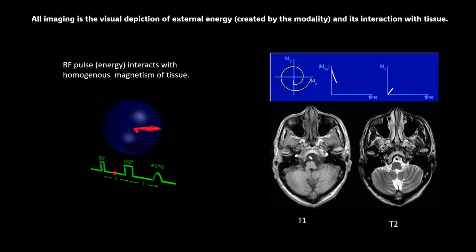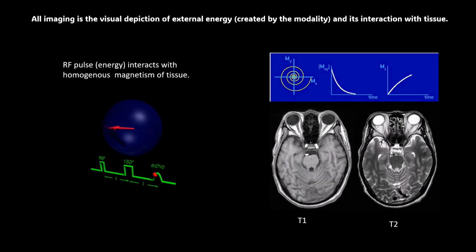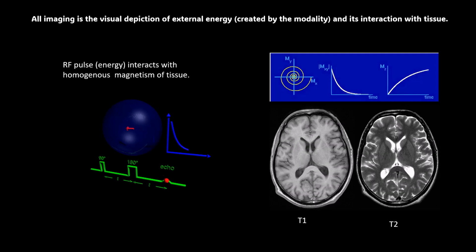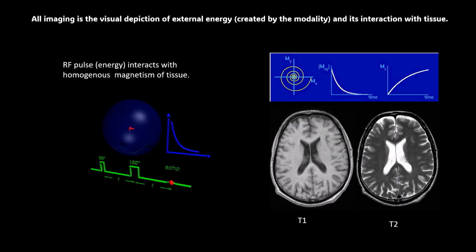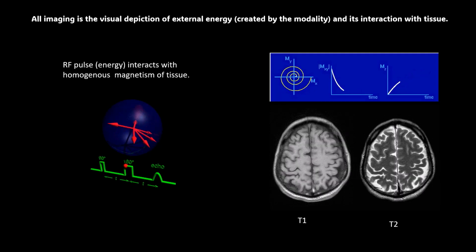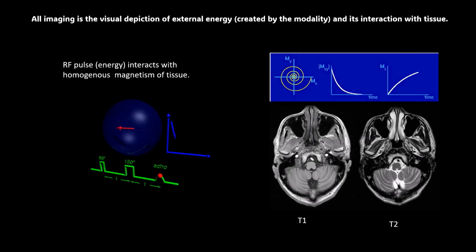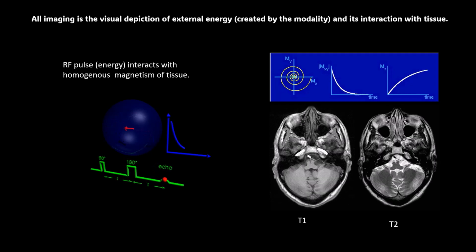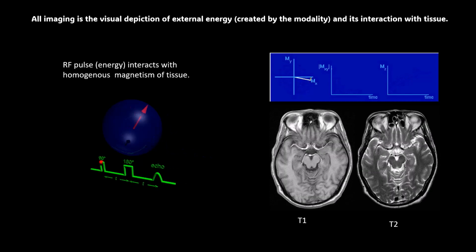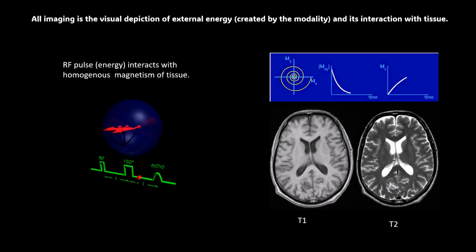Here we see a spin echo RF pulse, and we can see how we are able to record the energy changes once we disturb the static magnetic field. Here you can see T1 and T2 images being produced by utilizing a 90 and 180 degree pulse sequence and recording the echoes from these pulses.